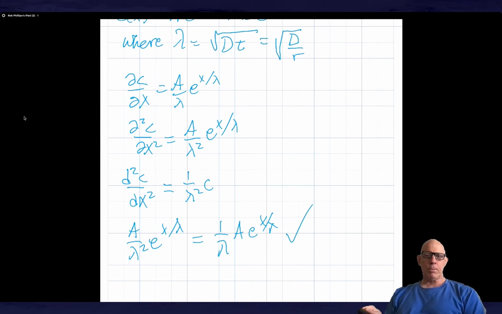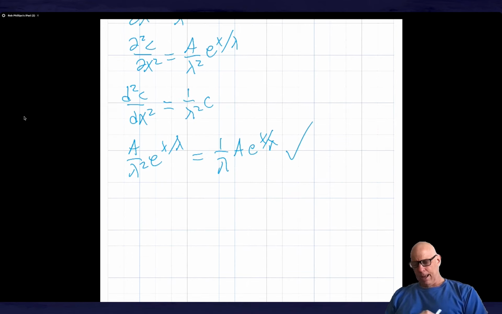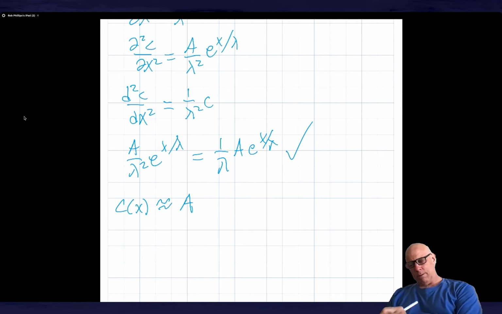So these exponentials solve this thing, and there's a technical point, which is very fun, and I absolutely think that you should do it. But I'm going to say that c of x is approximately equal to, maybe I'll write it this way, bicoid 0 e to the minus x over lambda. Why do I write that?